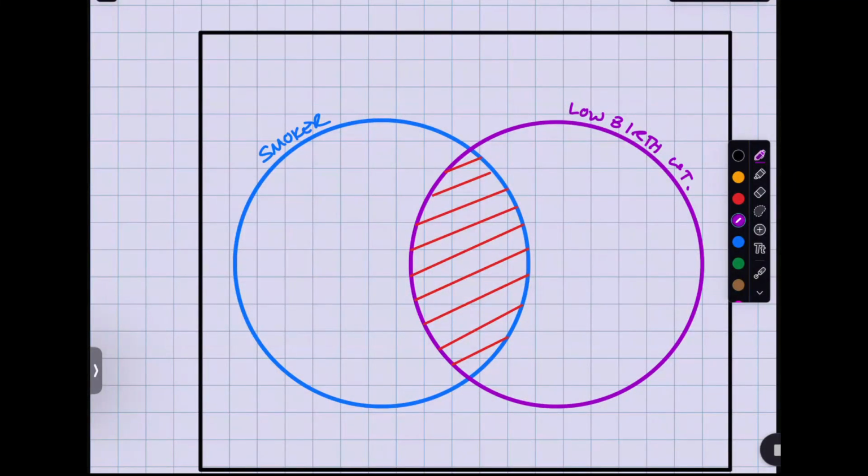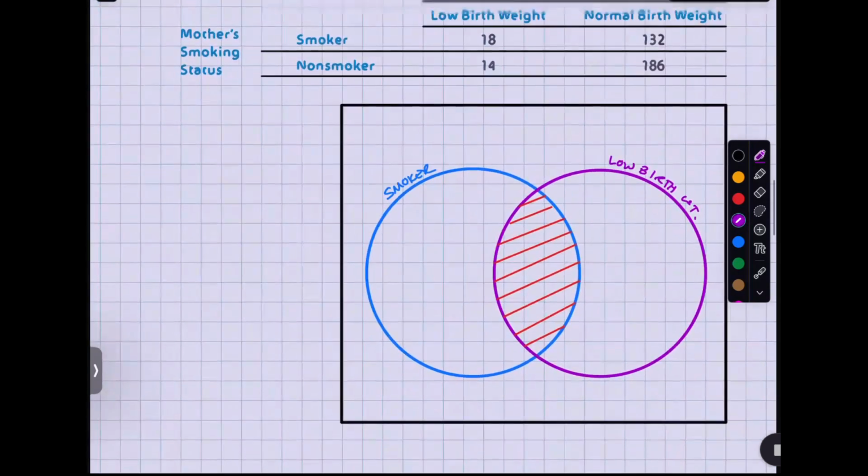Right? Because that has something in common. Okay, let's look back at the table. So which number represents this red shaded area? 18. That's the smokers that have low birth weight, right?